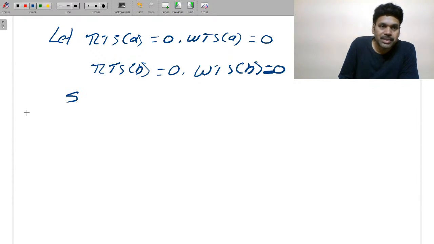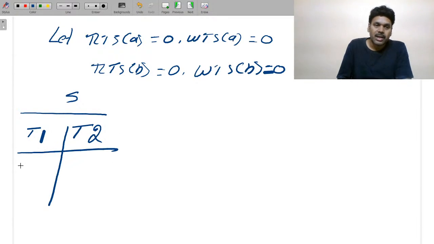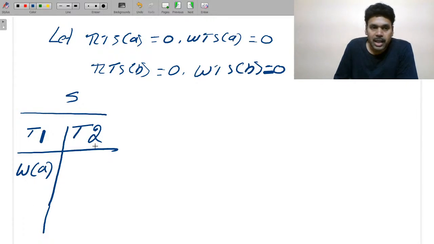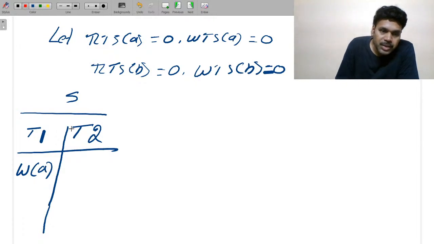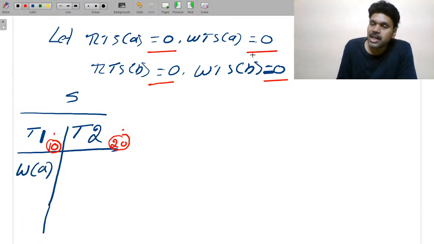Now you look at the schedule as T1 and T2, W of A. Please observe, friends, all of you. For W of A, the timestamp number of this is 10. The timestamp number of this is 20. These are the timestamp numbers given by the database management system, that is, the transaction manager is allocating these timestamp numbers as we are following a timestamp ordering protocol. Observe carefully, right? These are the initial values I am assuming.